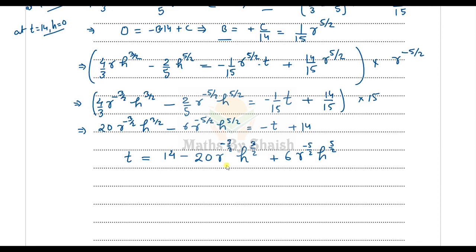So we'll take the negative powers into the denominator and get t equal to 14 minus 20 times h over r, the whole to the power 3 by 2, plus 6 times h over r, the whole to the power 5 by 2. And that is the final answer.